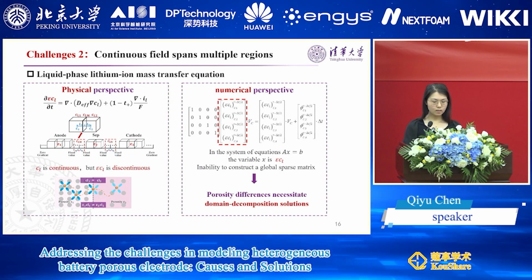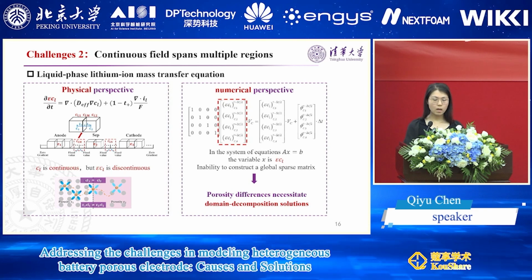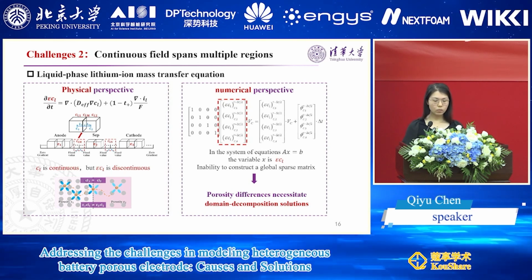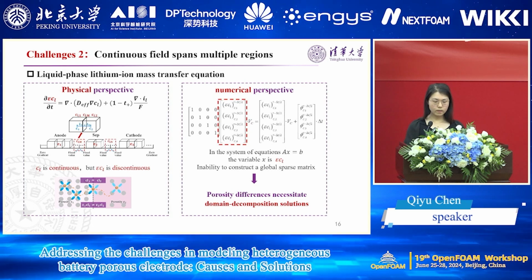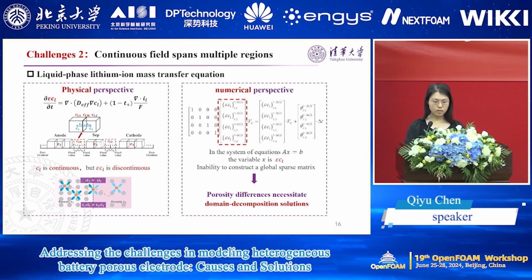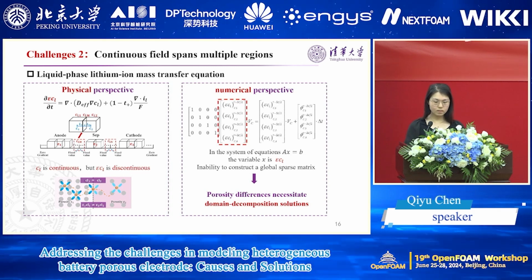Challenge 2: the continuous smooth interconnected field spans multiple regions with different geometric parameters. Taking the liquid phase ion concentration equation as an example, it is applied to physical domains with different transport parameters, such as porosity differences.